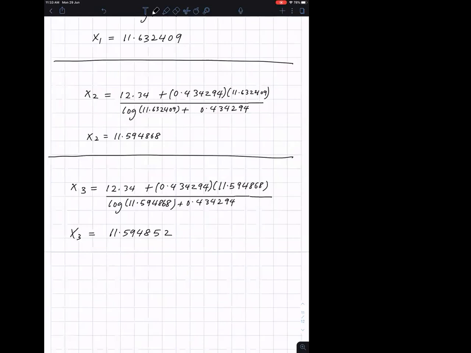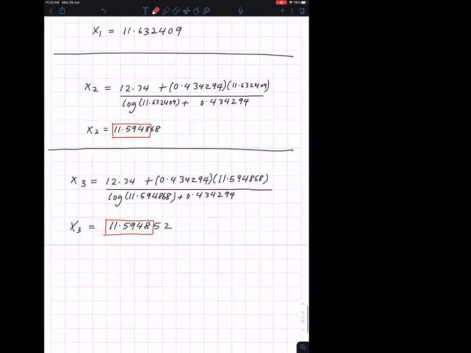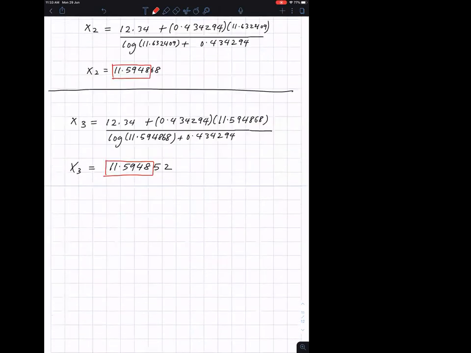If you compare these two with just 4 decimal places, you have met the target. But if you want 6 decimal places, then you have to continue more iterations.